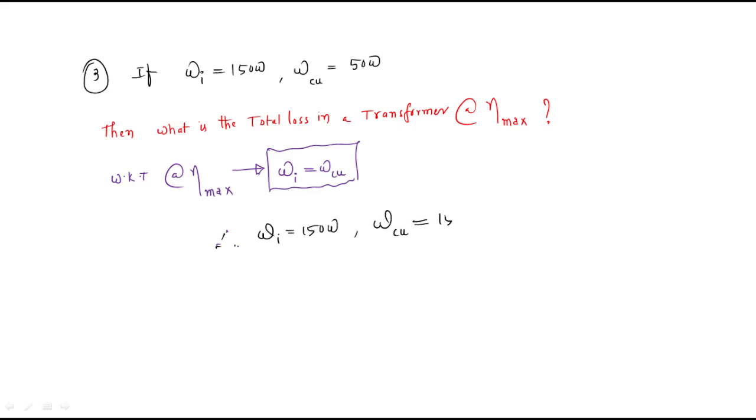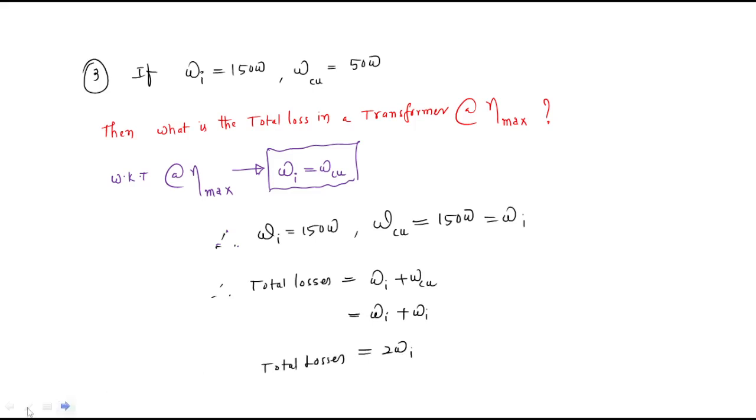Which is also 150 watts only. Therefore, total losses are nothing but Wi plus WCU. Iron losses are constant losses, copper losses are variable losses, so this equals Wi plus Wi, which is equal to 2Wi. These are the total losses in a transformer.